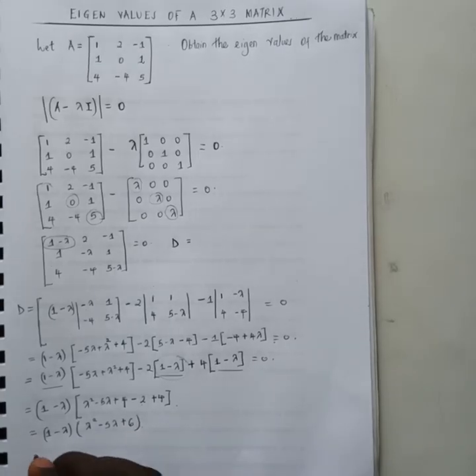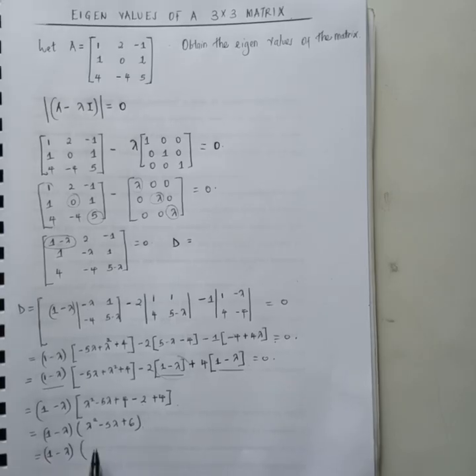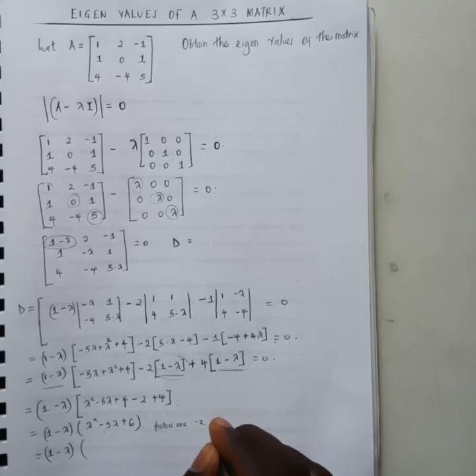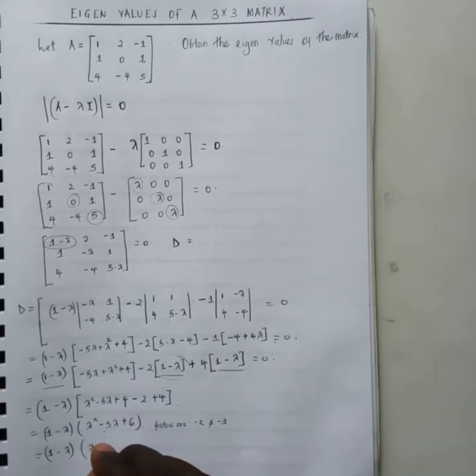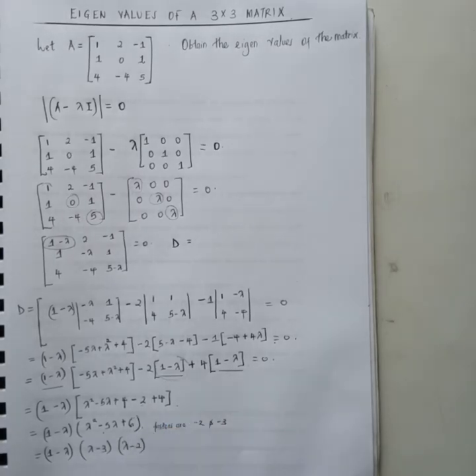So we need to find the values that when we add we get negative 5, and when we multiply we have a positive 6. Those factors are negative 2 and negative 3. So we'll be having lambda minus 3 and lambda minus 2. Those are the factors we get from this equation.